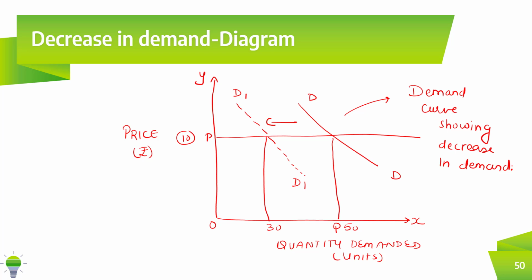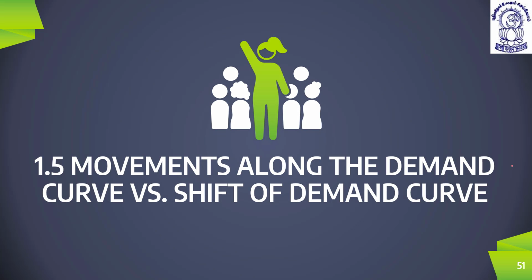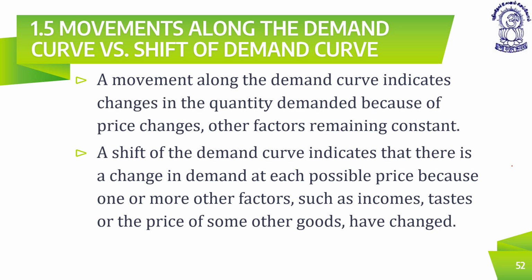Let's move to the next topic now: movement along the demand curve versus shift in the demand curve. Students, I already explained this to you. Just give it a quick reading. So, a movement along the demand curve indicates what? Changes in the quantity demanded because of what?